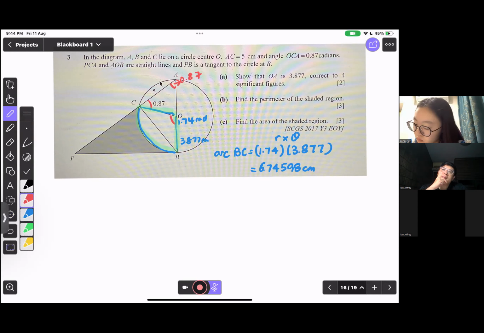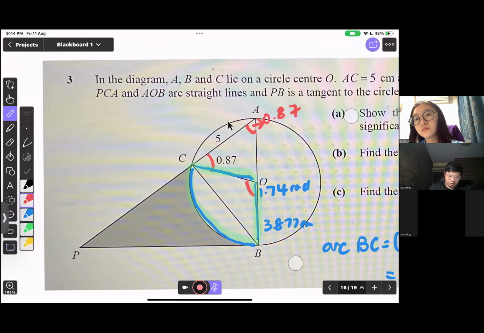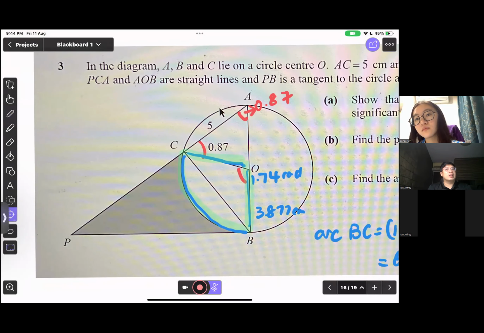I think I know what to do. I just look at the question, I know what to do. Yeah, I'm done. Okay, so you found BC, right? Yeah. Okay, so now I want you to stare hard at the diagram. Stare hard.